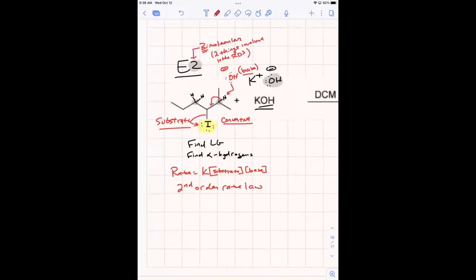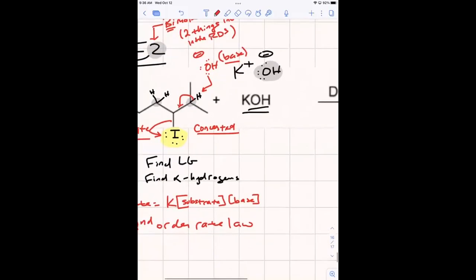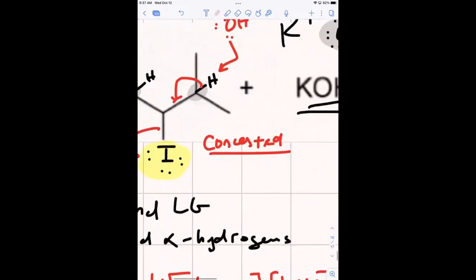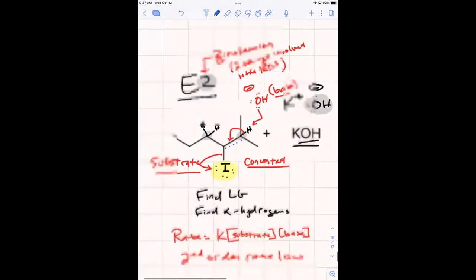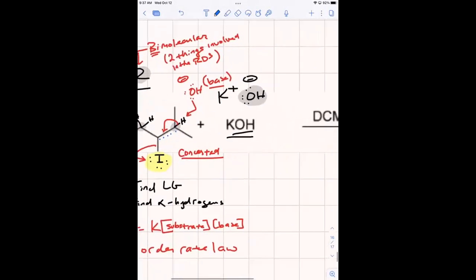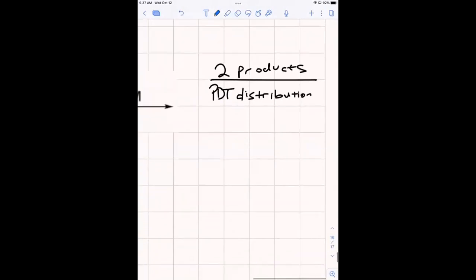So this is what the proton transfer looks like, and it's all happening at the same time. So the base is coming in and pulling off a proton. The electrons from the CH bond are being used to make the pi bond. So we're going to put a pi bond right here. And then I'm losing that iodine all at the same time. So that particular product, I guess I can write it in blue.